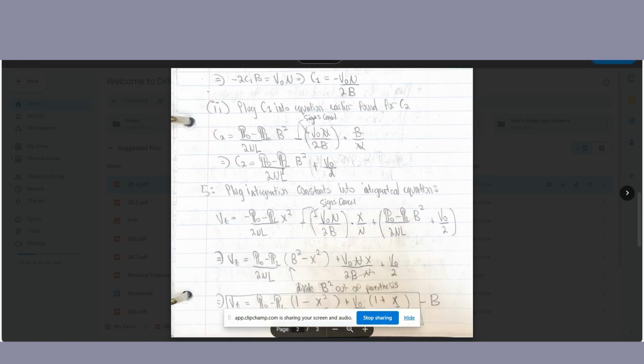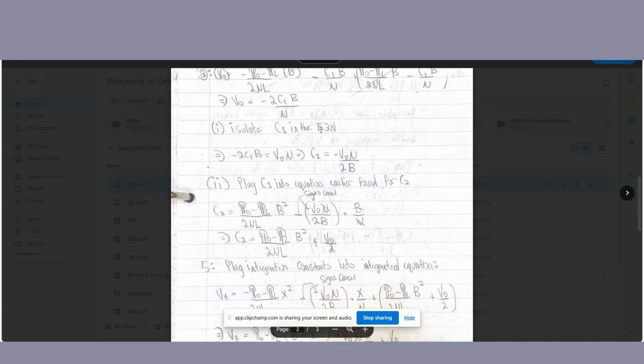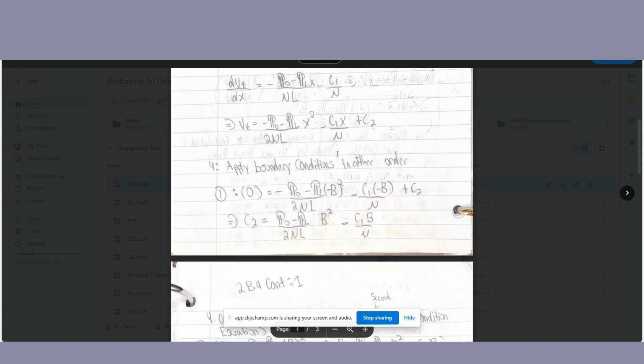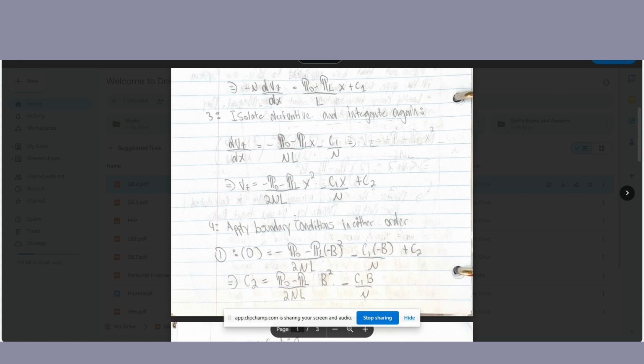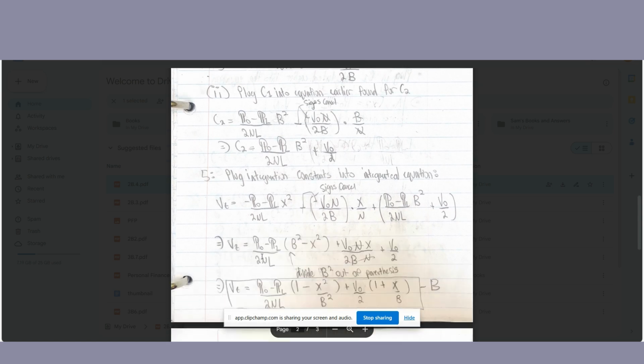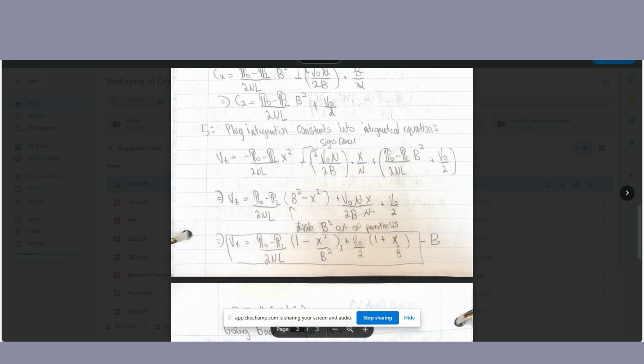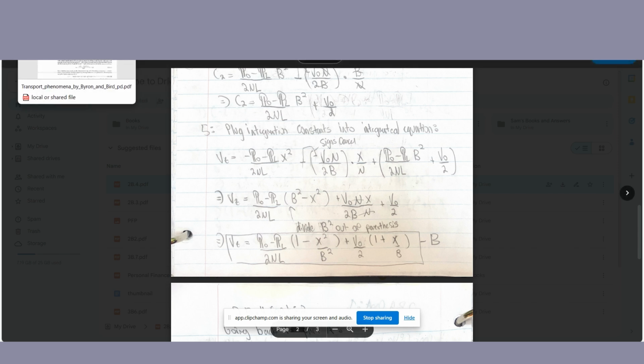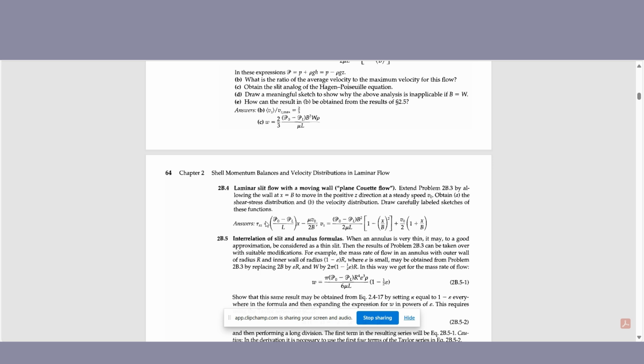So that's what we're doing there. And some sign canceling, algebra stuff, more algebra stuff, and we get vz equals this. And that should match 2B.4. Yeah, that matches.